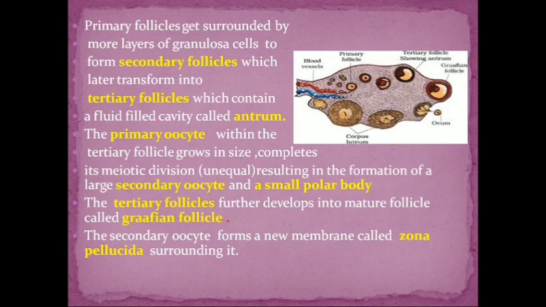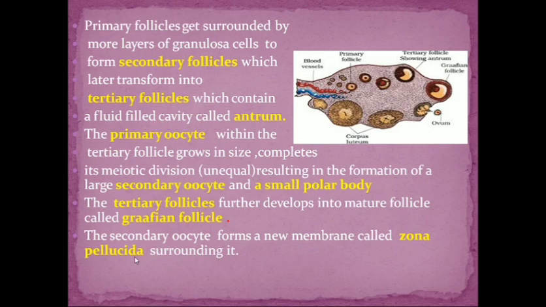It encloses a cytoplasm inside. The plasma membrane of the primary oocyte as well as the secondary oocyte is called the oolemma. It encloses a cytoplasm inside which is called the ooplasm. Now the secondary oocyte will form a new membrane around it, which is called the zona pellucida.